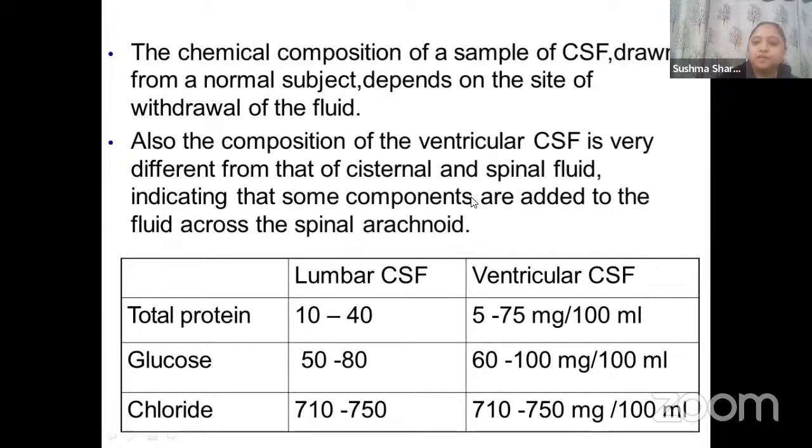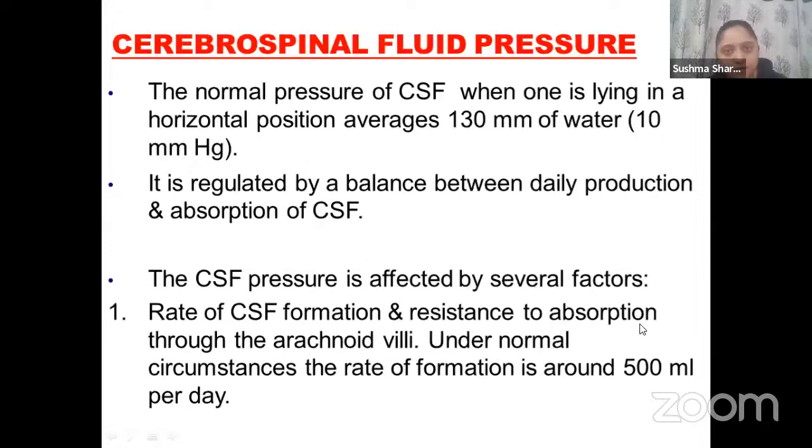As it goes through the arachnoid cisterns and granulations, it then enters the spinal canal as spinal fluid. Then some components get added to the fluid across the spinal arachnoid membrane as well. Correct? Lumbar CSF total protein is around 10 to 40, glucose is around 50 to 80, chloride is around 700 to 750, but in ventricular CSF total protein is a little higher, glucose is a little higher, and chloride is also a little higher, right?